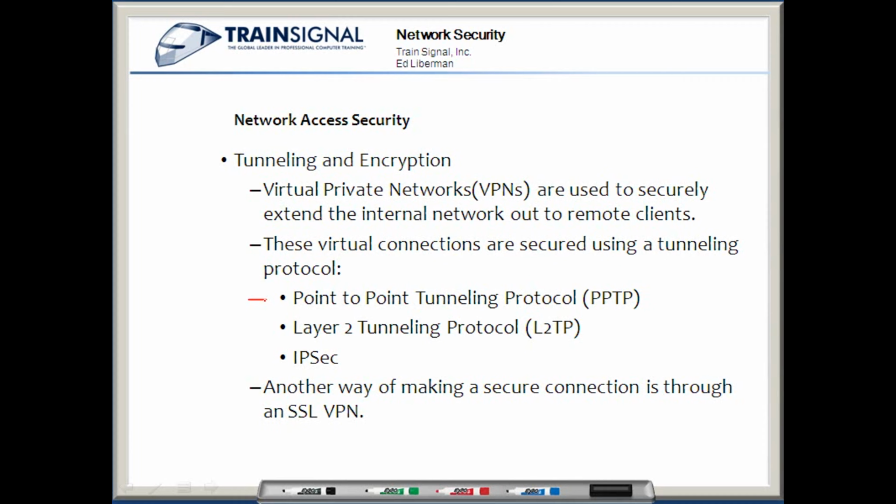Well, it's the point-to-point tunneling protocol. And this was one of the original tunneling encryption protocols. And I will tell you that it is supported by pretty much every platform out there. And quite honestly, is still, even today, considered to be a pretty secure, pretty reliable VPN tunneling protocol.